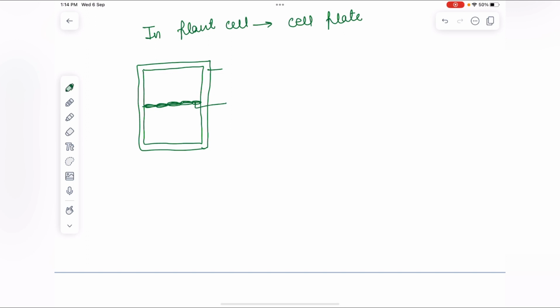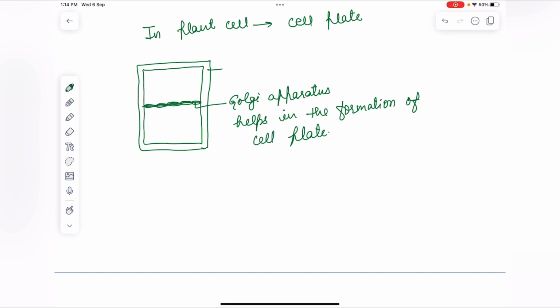The Golgi apparatus helps in the formation of the cell plate, and this kind of cell division is called centrifugal division of plant cell cytokinesis. Hope it is clear to you all. Thank you.